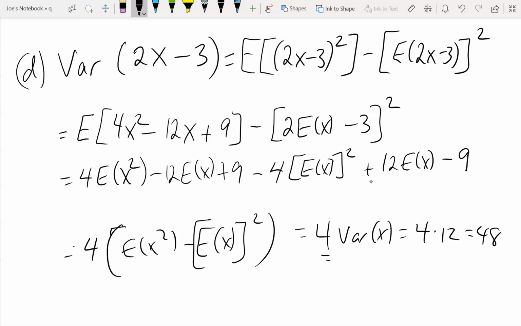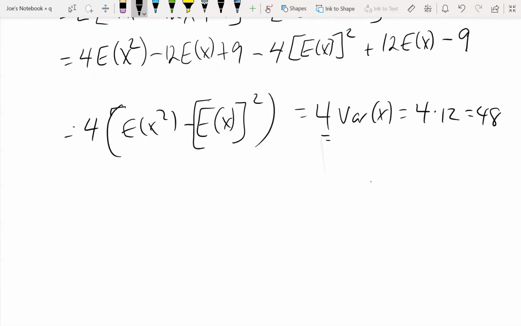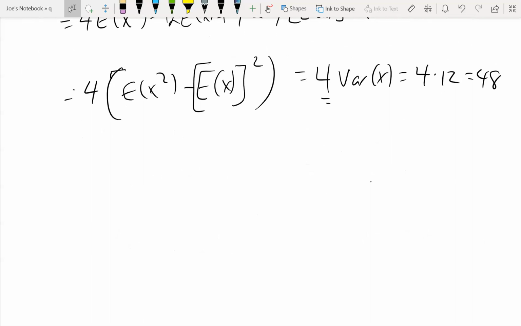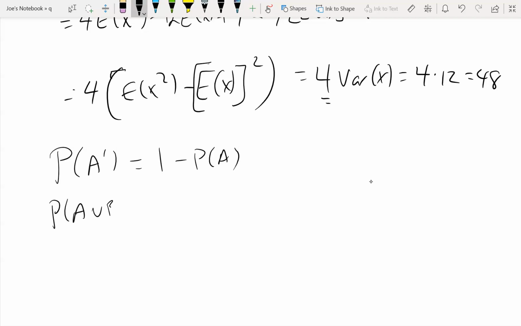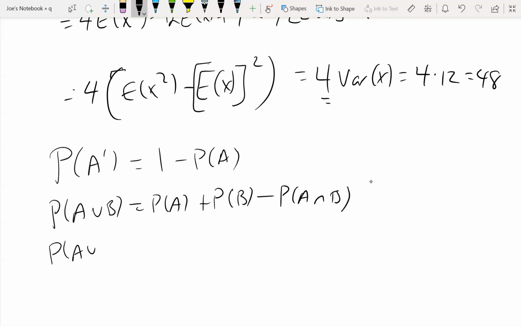Some of the bigger formulas from that: the probability of a complement is 1 minus the probability. The probability of a union, split it up that way. You can extend that to 3 sets.